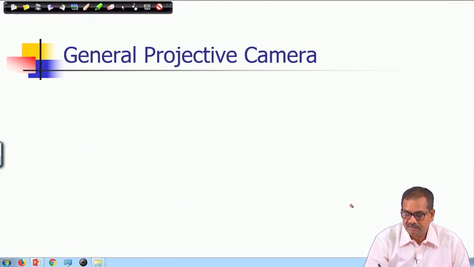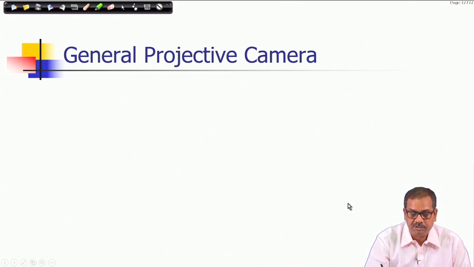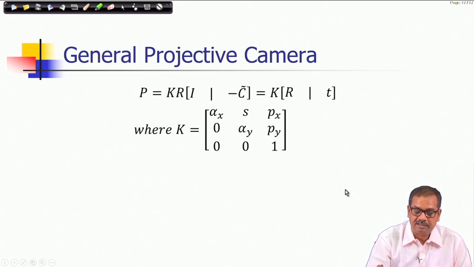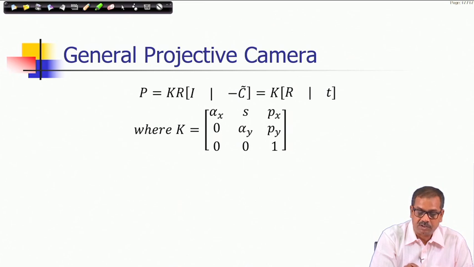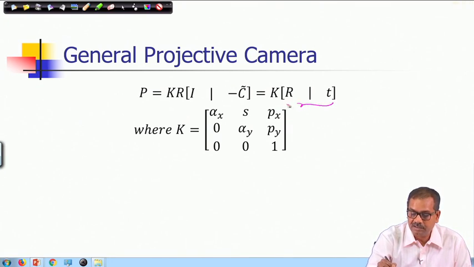And then a general projective camera matrix, when I consider all sorts of parameters and transformations, can be described in this form. It consists of these elements: K has 5 elements, alpha x, alpha y, s, p x, p y, and also the other component which contains the other parameters, rotation and translation.